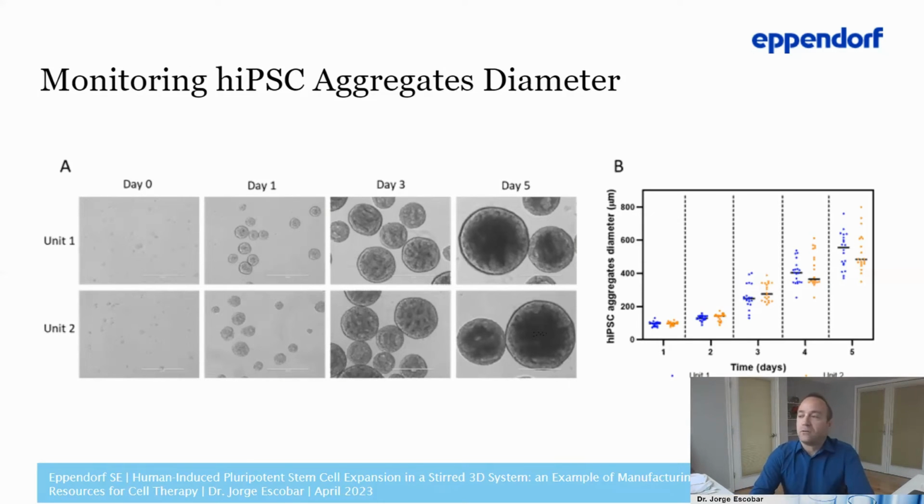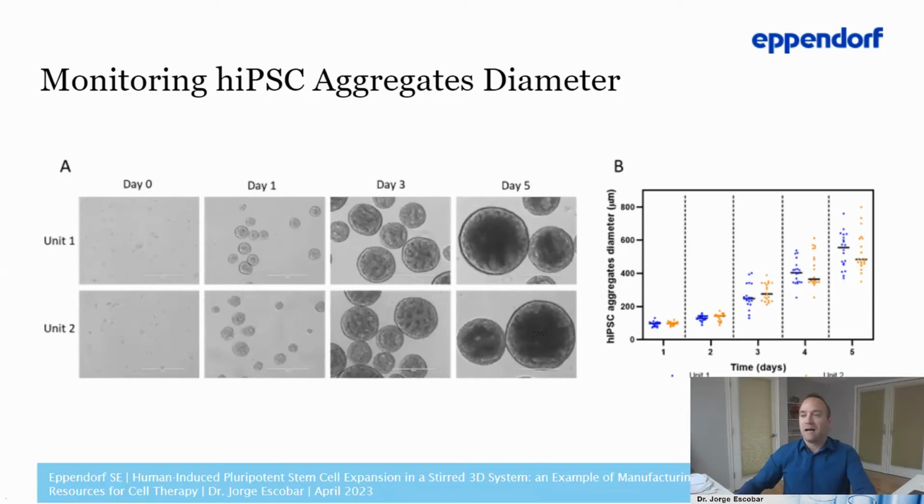First of all, in order to evaluate the growth kinetics and morphology of the iPSCs under specific suspension culture conditions, samples were harvested after 24 hours of inoculation and every day until day 5.